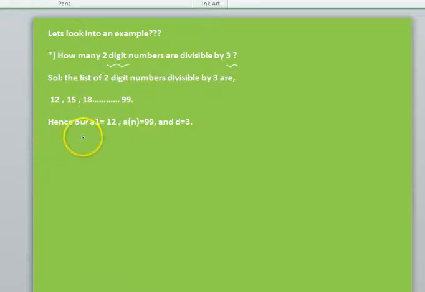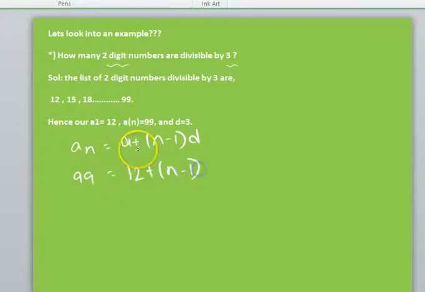Fine. So using the formula, an is equal to a initial plus n minus 1 into d. For an, we keep 99, which is equal to the initial term 12 plus n minus 1 into the common difference, which is 3 between all the terms.